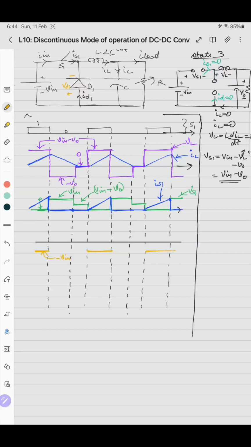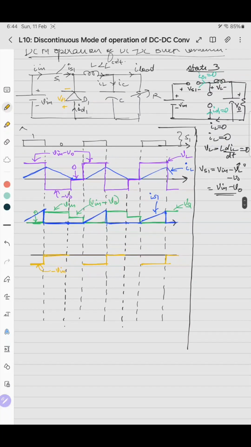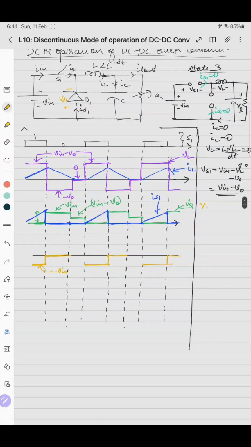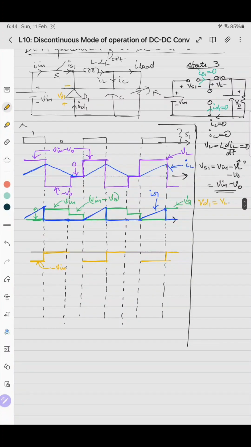When the diode is on, voltage across it is 0 logically. So here VD1 you can write as VL plus V0, where VL is 0, so VD1 will be V0.